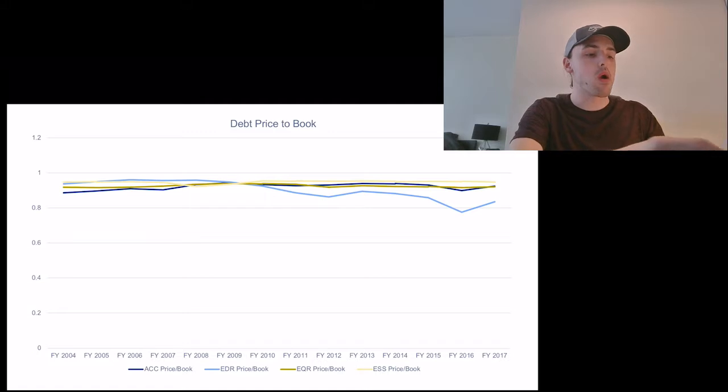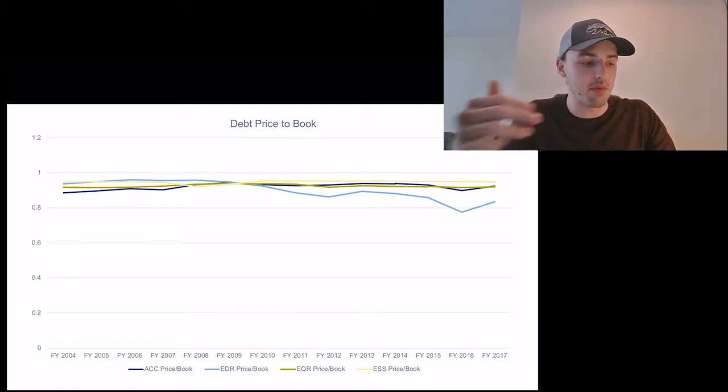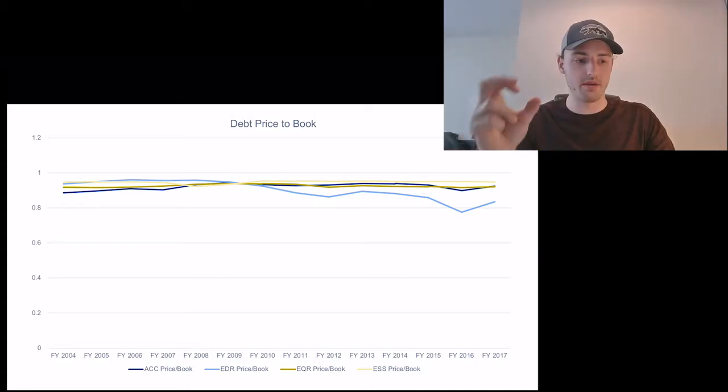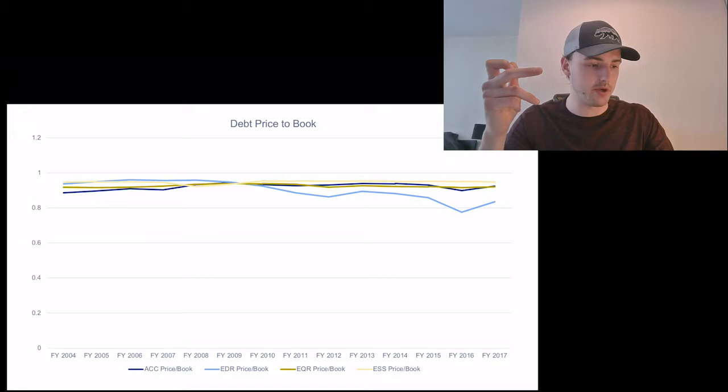And so from looking at this, we can see that price to book on debt is rationally priced and even considerably discounted in comparison to the 1-to-1 ratio that would be par value.